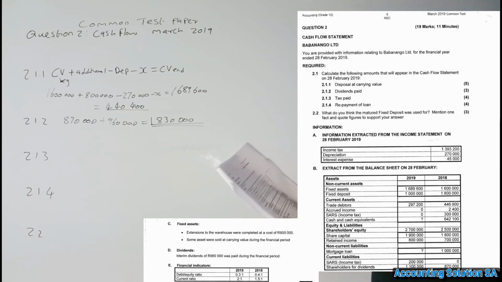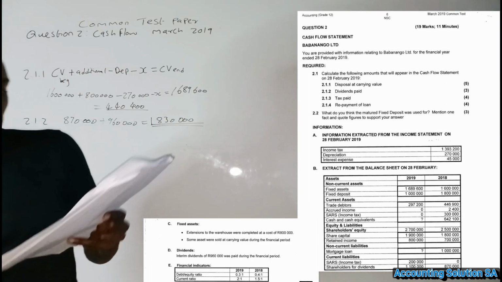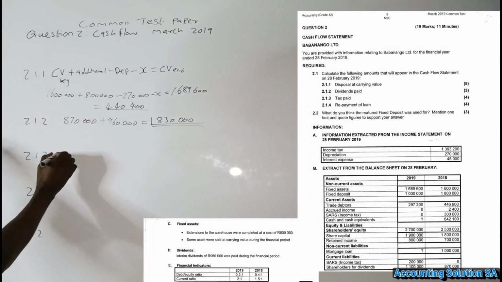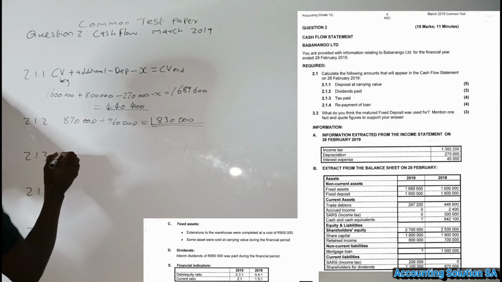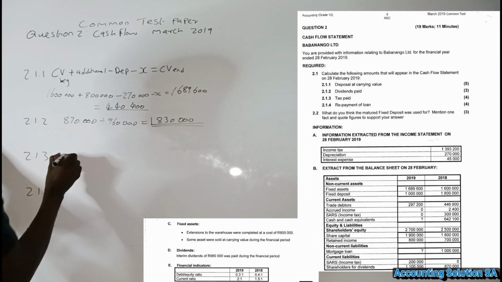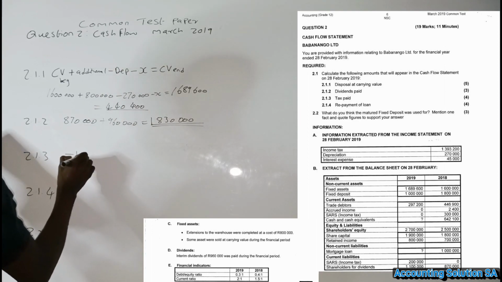A tax paid, the first one that we have to start with is the one that we calculate from income statement. All right, income statement one, we have 1,393,200. Okay, you have to make sure that you write it as negative, because in other words, you are saying that we have to pay, or we paid.